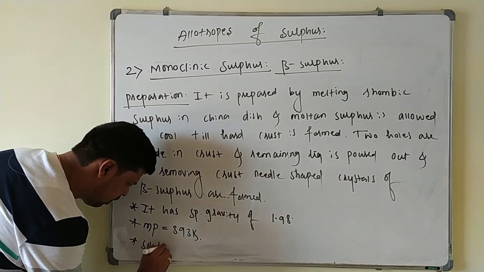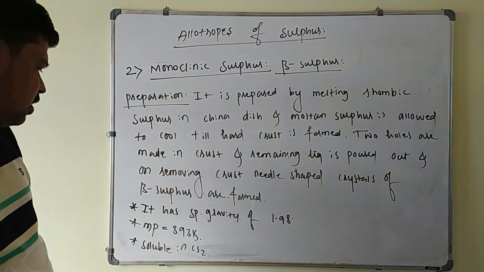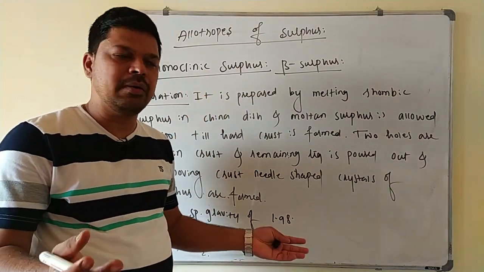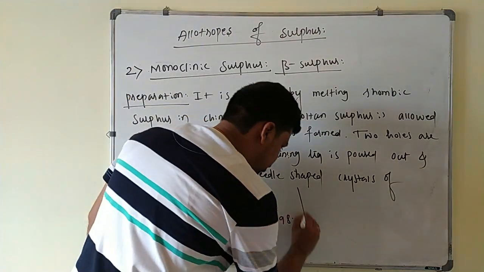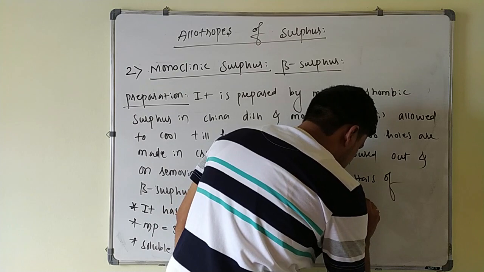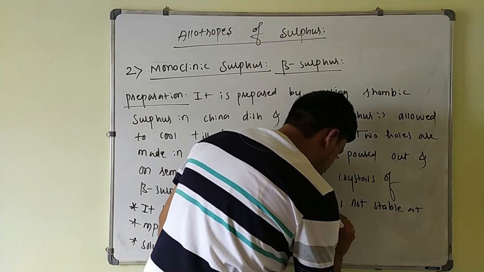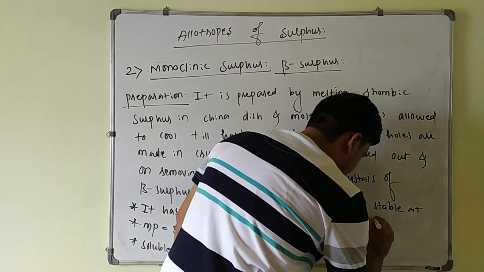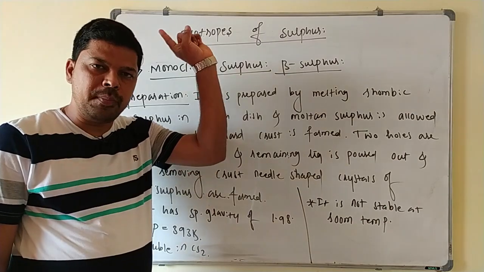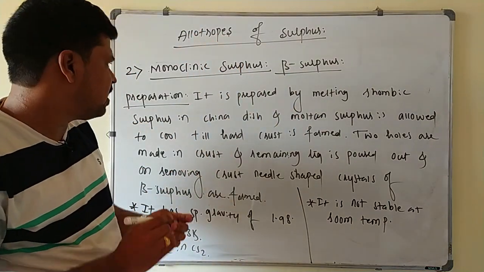It is also soluble in CS2. The most important point about this beta sulfur is it is not stable at the room temperature. Next point I will write here, it is not stable at room temperature. Always you keep in mind only that alpha sulfur or the rhombic sulfur is stable at the room temperature, but not the beta or the monoclinic sulfur here.